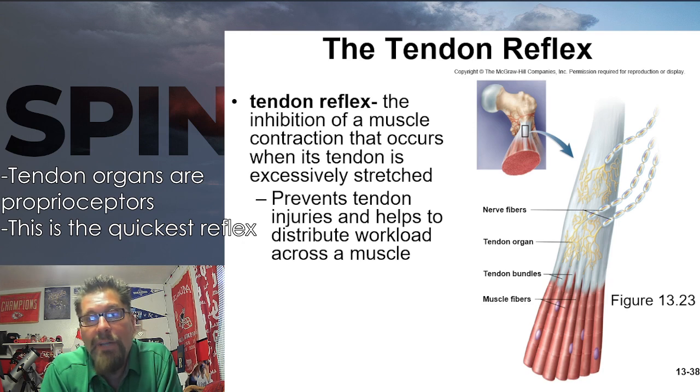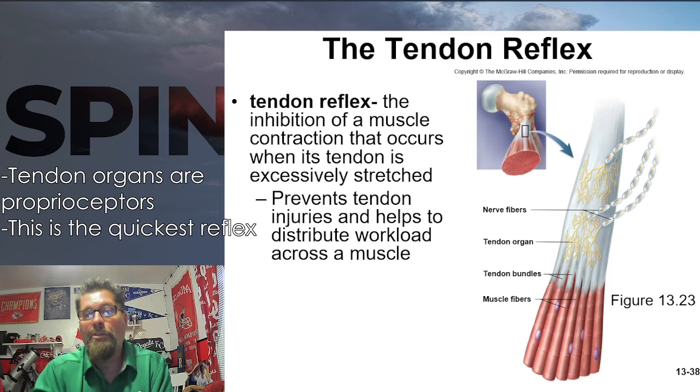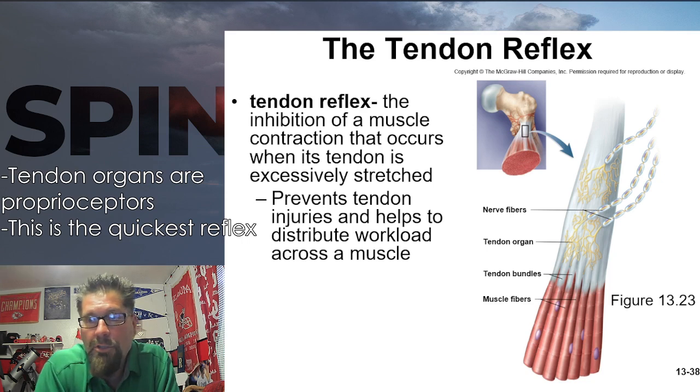But essentially what's happening here is, as part of a reflex, this could be on the extensor muscle that has to contract to pull away. This could be on the flexor muscle that's accommodating the action. But essentially the tendon organs, which you can see over there, are receptors.